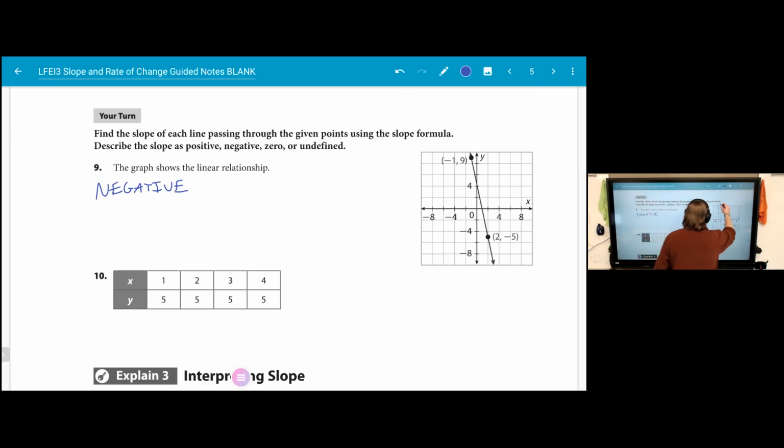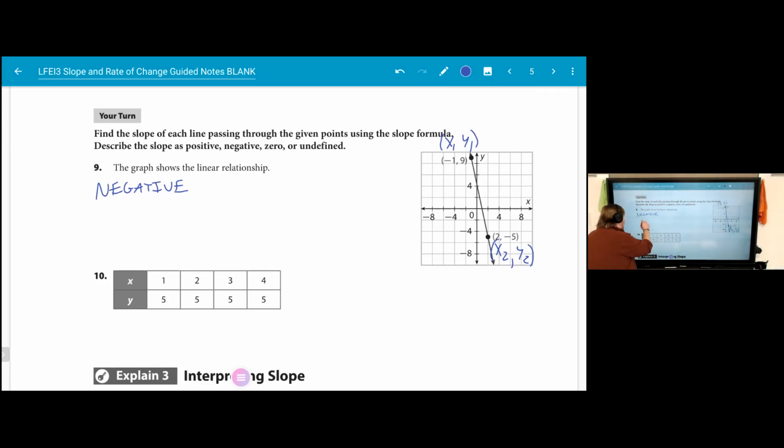I'm going to treat this as x1, y1, and this is x2, y2. It doesn't matter if I switch these around. If I called this top one, -1, 9, x2, y2, and 2, -5, x1, y1, it would come out the same way. Try it. It will come out the same way.